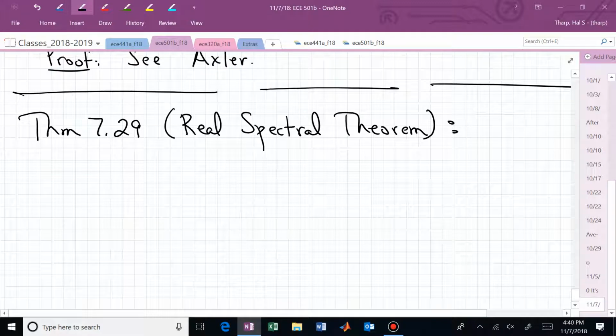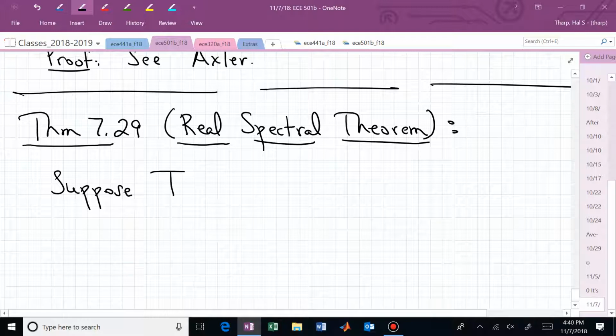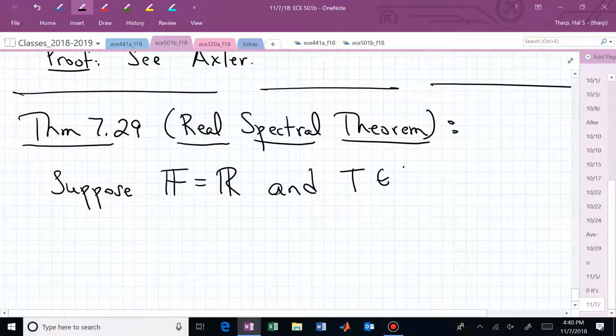And this says, suppose we're dealing now with a real number field, F is R, and T is an operator in a vector space over that field.